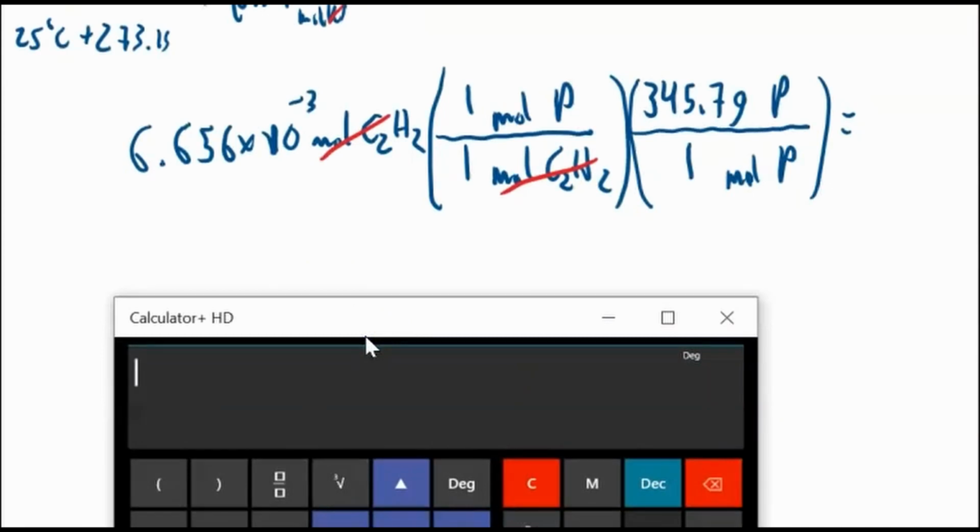Okay, we plug that into our calculator. Oh, I just deleted the number. Oh well. 6.656 times 10 to the negative 5. I could have put this in scientific notation.